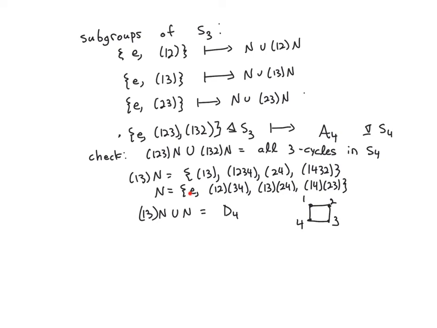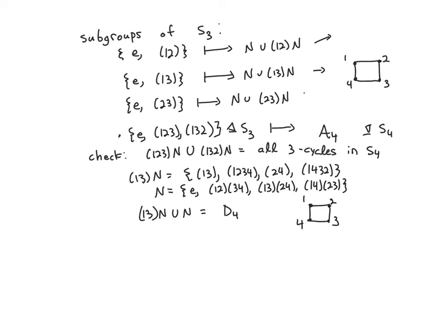And that's the identity permutation. So you do get a dihedral group there. And that is from (1 3) here, the symmetry group of this labeled square.